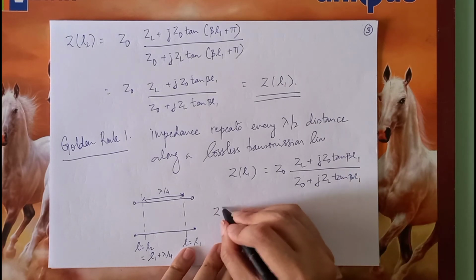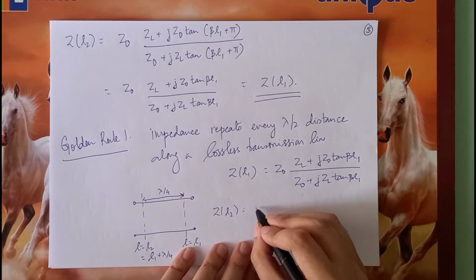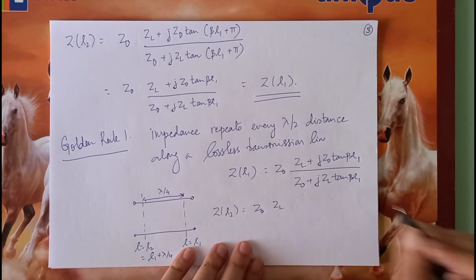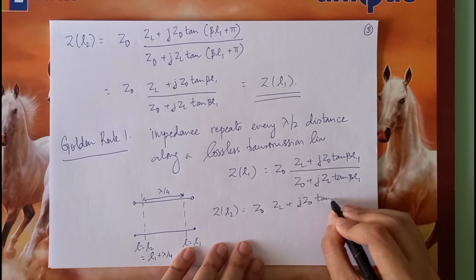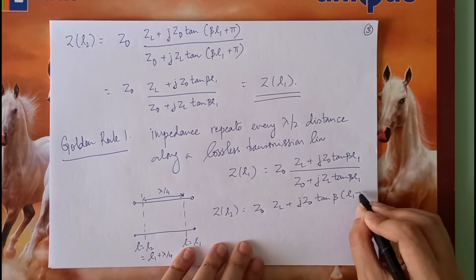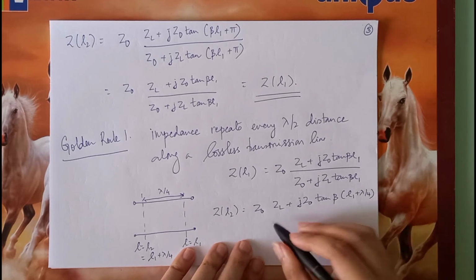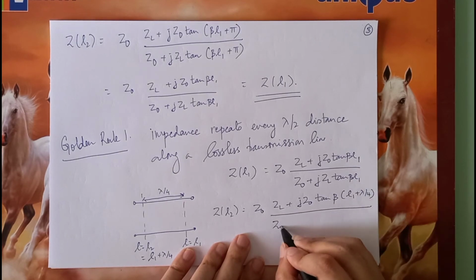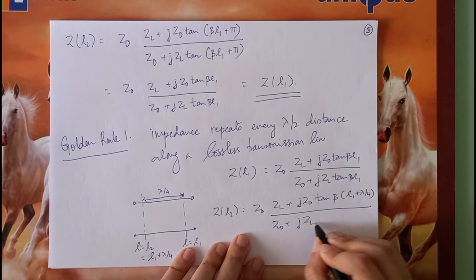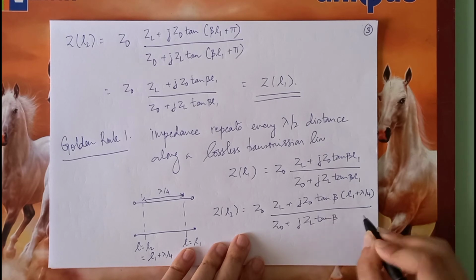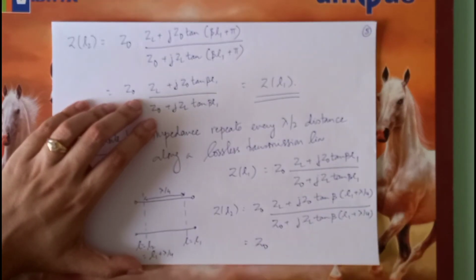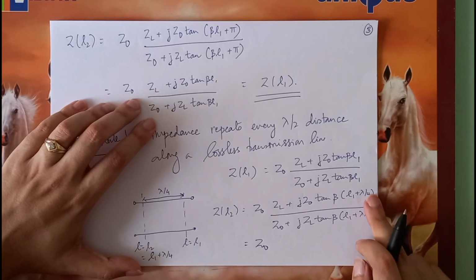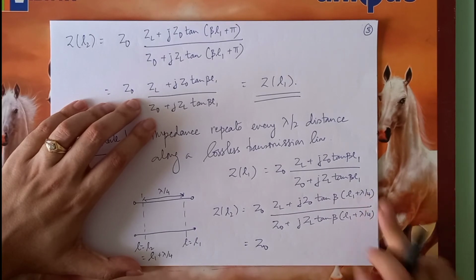So likewise, Z of L2 would be Z0 (ZL plus jZ0 tan beta (L1 plus lambda by 4)) divided by (Z0 plus jZL tan beta (L1 plus lambda by 4)). So this would now reduce to, beta times lambda by 4 would be what? It would be pi by 2.